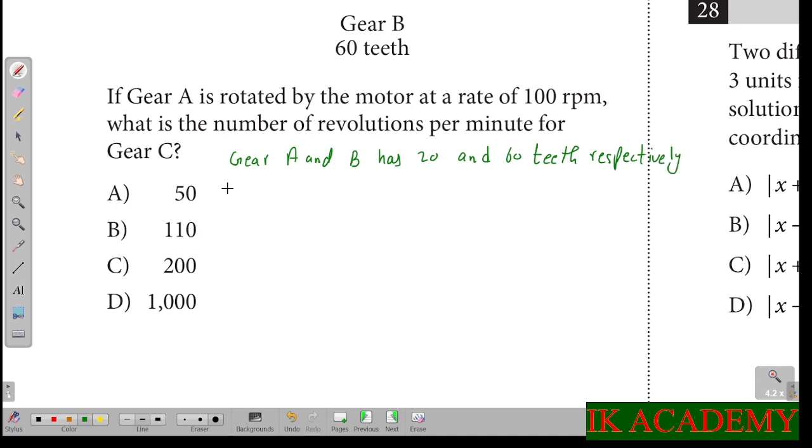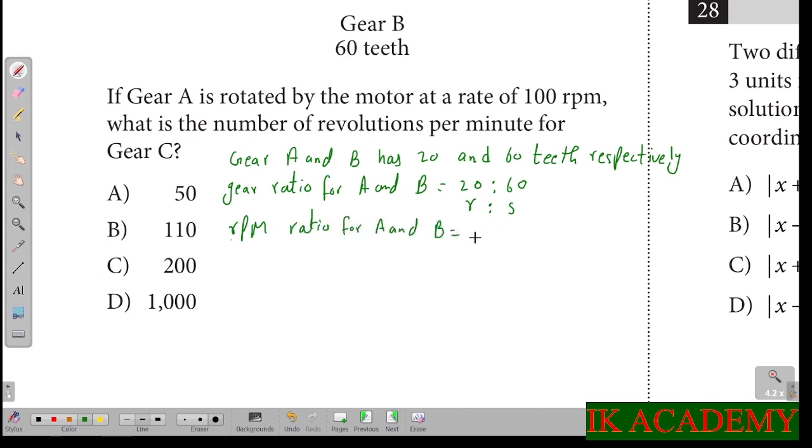Gear ratio for A and B will be equal to 20 ratio 60, which was given as R ratio S. So if I say R is 20 and S is 60, then the RPM ratio will be S ratio R, which will be the reciprocal of the gear ratio for A and B. The RPM ratio for A and B will be equal to S ratio R, where S is 60 and R is 20.